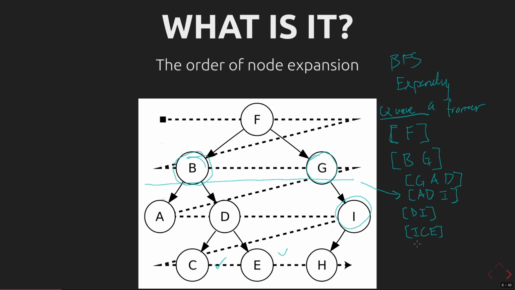And then we pop off I, you have C and E in the queue, and I has one child, H, and you can see that as we move forward, you're just going to have E and H, and C has no children, and then you just have H when you pop off E, and then finally you have nothing. So from start to termination, this is what the state of the queue would look like, right? You expand things.